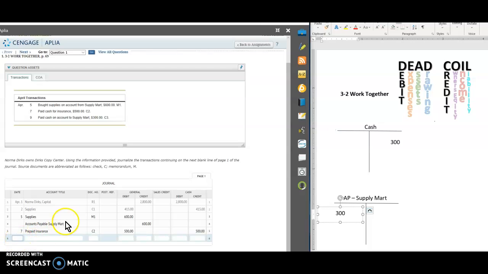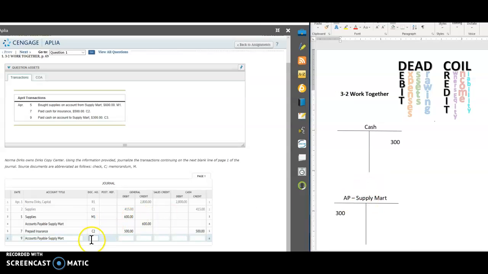All right, so to fill up, you put your date, fill up your journal, and remember, we will not write the word cash ever, ever, ever for our account title. So it's going to be accounts payable, Supply Mart. Now, when you're typing on Aplia, you have to spell accounts payable out. When you're doing your quiz or your test and you're using pen or pencil, you can abbreviate it like that, AP Supply Mart.